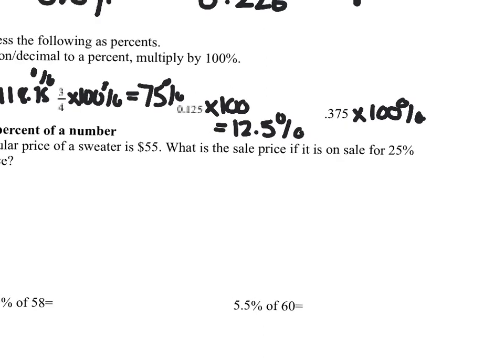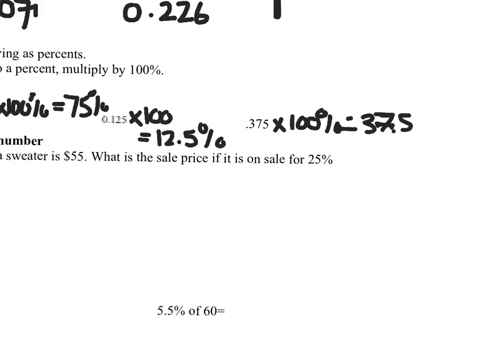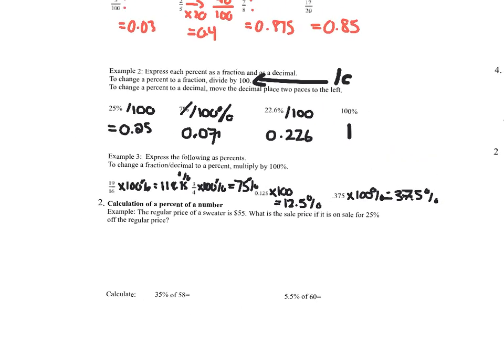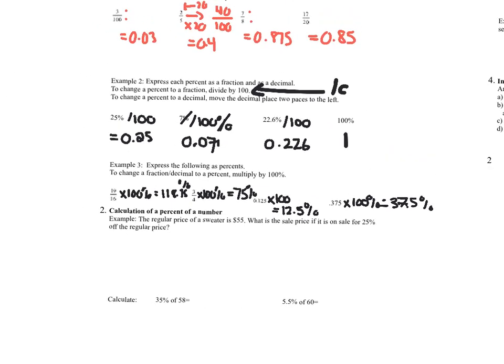And you'll get the value of 37.5. So those should be very much review. You'll need to know how to convert between percents and decimals in probability, so that's why we review it a lot. Not so much working with fractions because you'll always convert to a decimal.